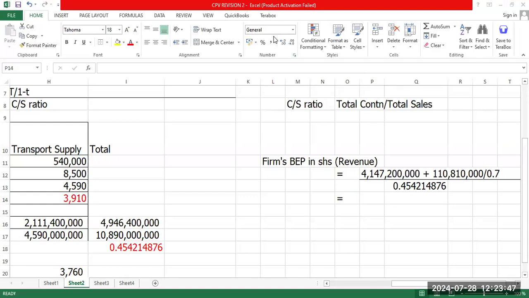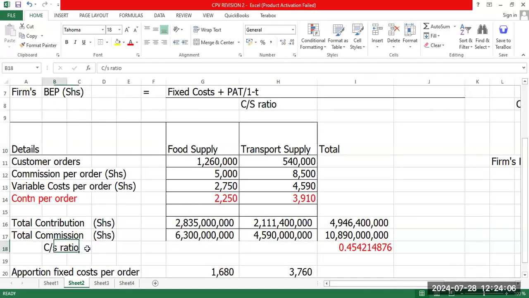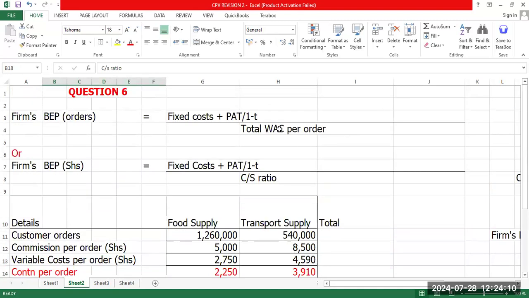Someone in the chat is asking how that 0.45421 came about after adding. Don't add. I said don't add. That's why I said it is good to use this method. Don't consider this as the total weighted average contribution per unit.